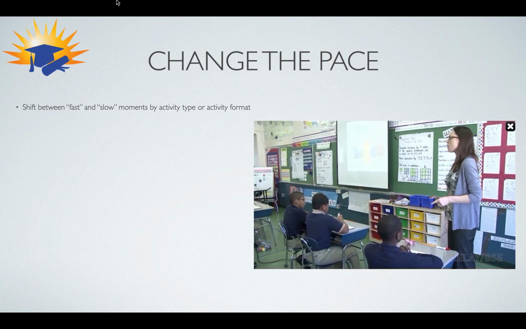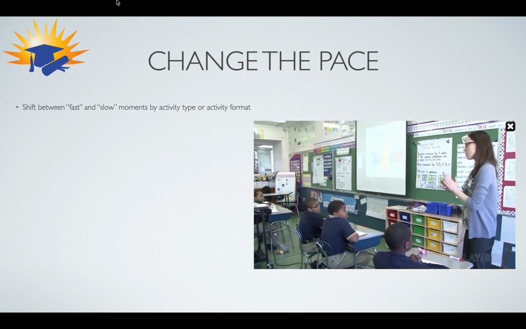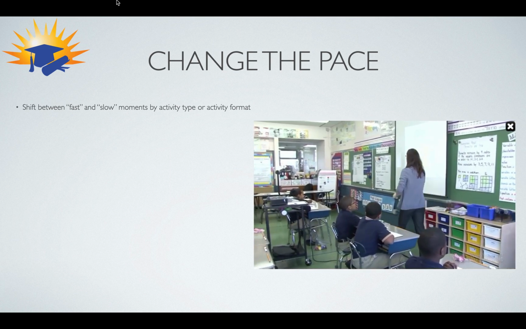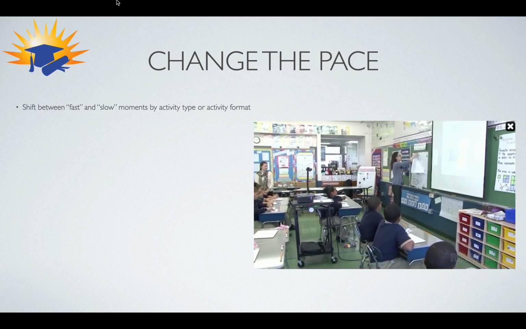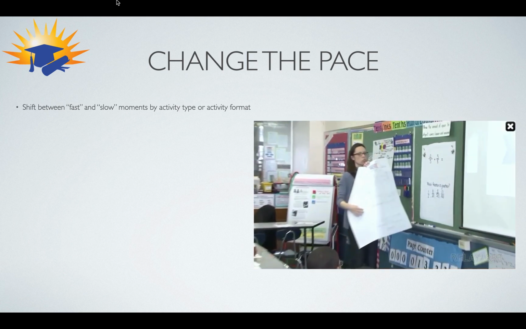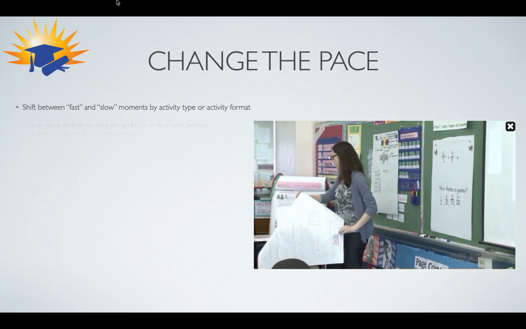Are you ready? All right, let's see. Your fraction challenge question. First one is 2/5 plus 3/8. Good work.